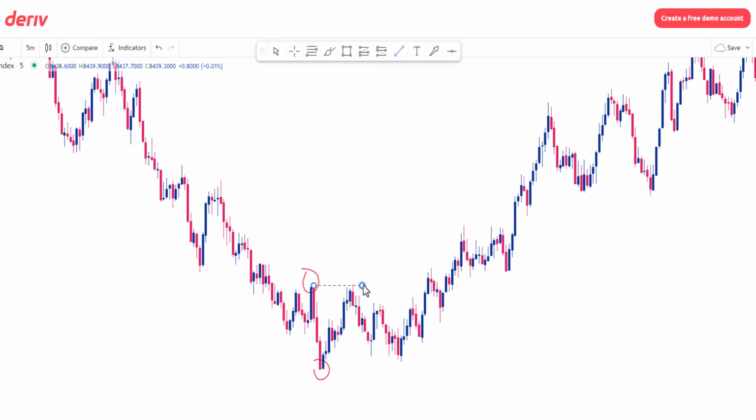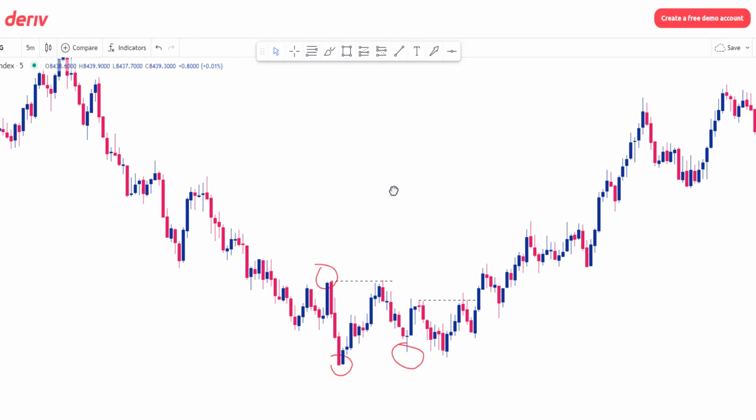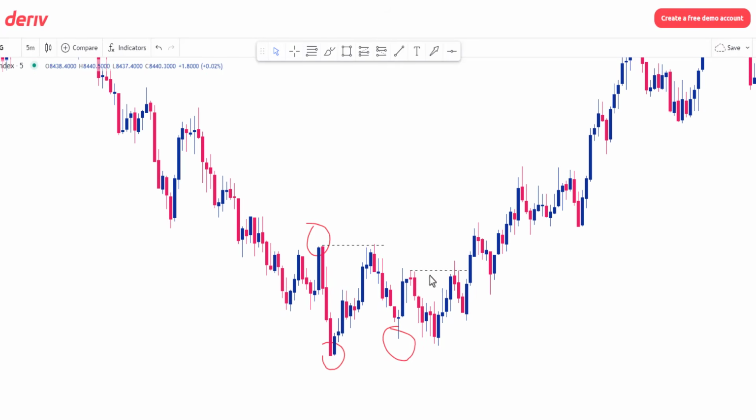No shift in market structure. Look at this one right here. Then price decided to come here and had difficulty. How about this place? Is there a shift in market structure? No, there is no shift in market structure. Why? It is simply because we have not closed with the body of the candle above here. So you have to take notice of this.